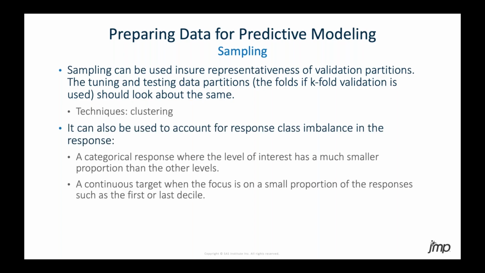What I want to focus on, what you might not have considered sampling for, is the case when I have class imbalance. That is, if I look at my response, let's say I've got a binary response, and the level that I'm interested in predicting has a low proportion of values, then I've got class imbalance.